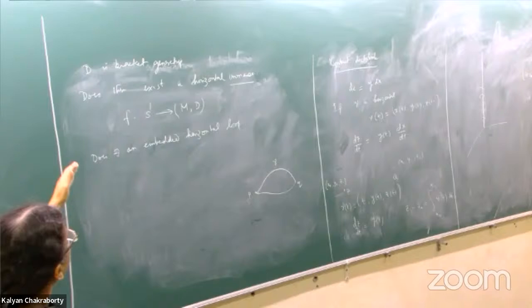So here, what I want to say is this: suppose you have some space of maps between manifolds. Any smooth map gives rise to a map between their tangent bundles.